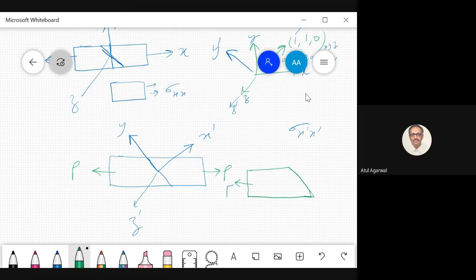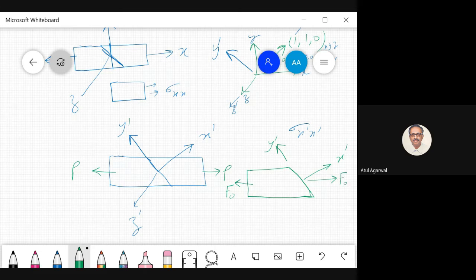Let's call it F naught only, like we did earlier. This is my x prime direction. This is my y prime direction. Now what is F naught? It has to be the same on this plane.